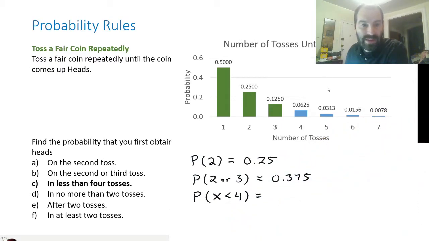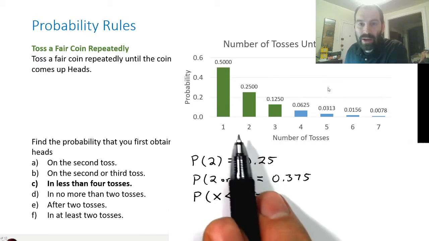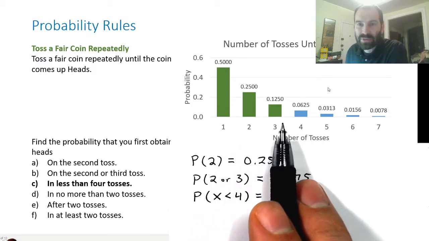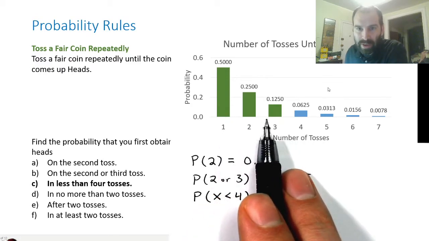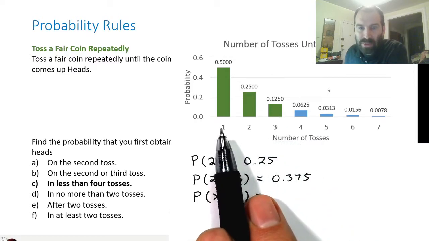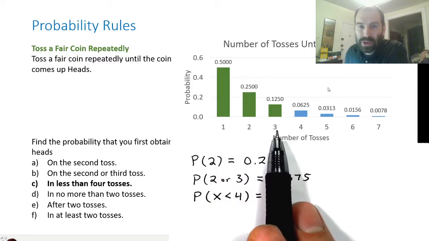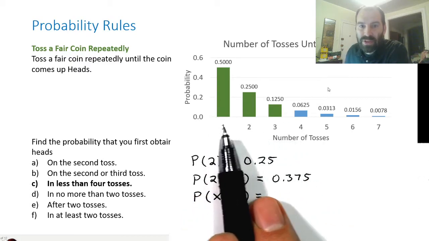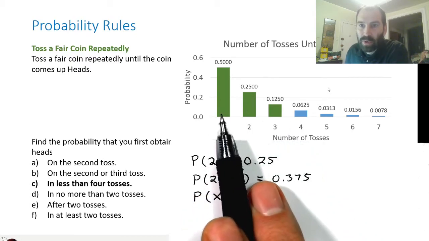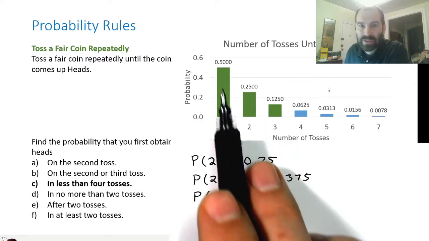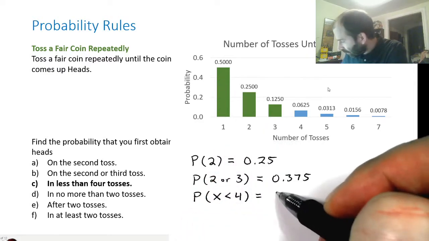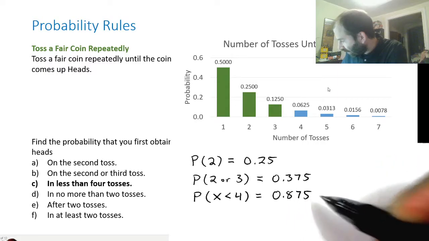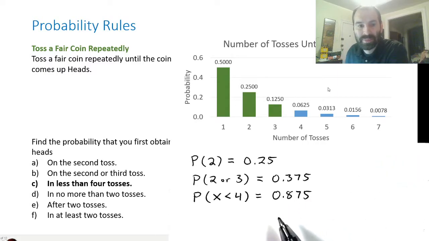Here I've highlighted the bars for the numbers that are less than 4: 1, 2, and 3. It's any one of these, this or this or this. They're ors, so I add them up. The probability ends up being 0.875.